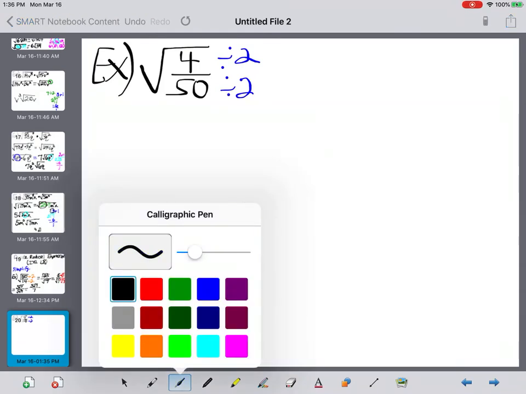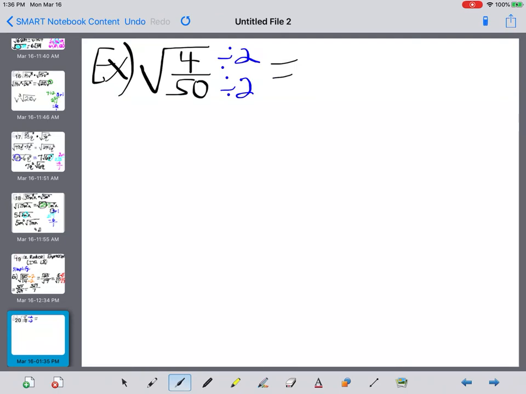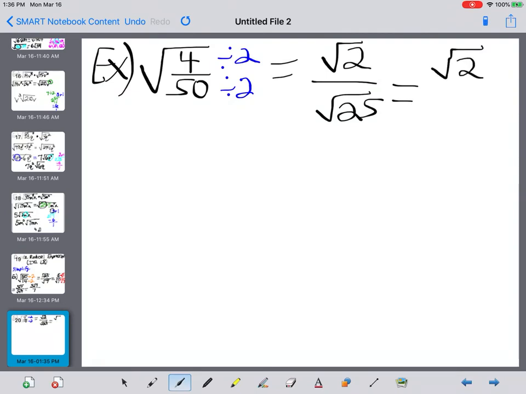So when I do that, I'm going to end up with the square root of 2 over the square root of 25. Okay, so I can't really do anything with the square root of 2, so I'm just going to leave it as the square root of 2. And the square root of 25 is 5. So that's done. See how quick that was? Wasn't bad at all, was it? Okay, so let's try another one.